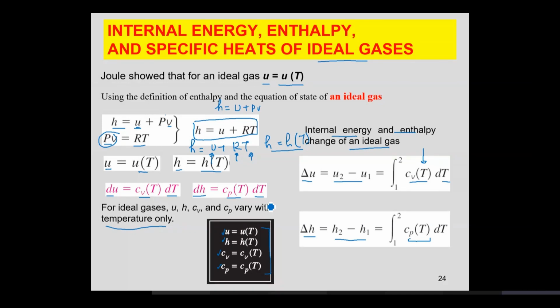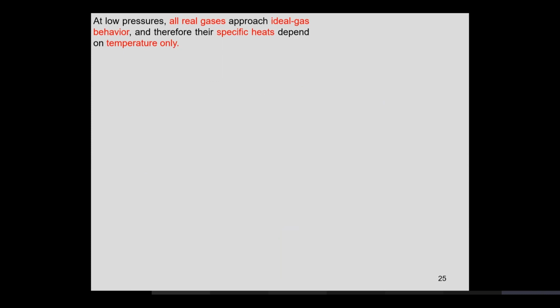Clear, sir. All right. Now, this was for the ideal gas. Real gases behave as ideal gas at low pressures, and therefore the specific heats of real gases depend on temperature only at low pressures.